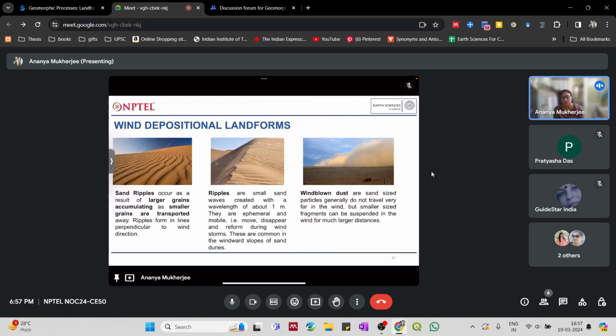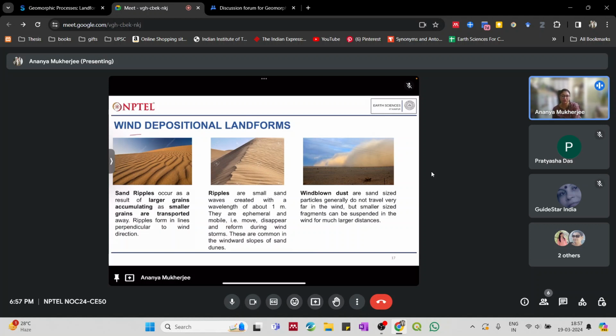So, as we talked about, one of the examples is sand ripples. This is when larger sand grains accumulate together and form ridges, and the smaller sized sediments are transported away. These are perpendicular to the wind direction.